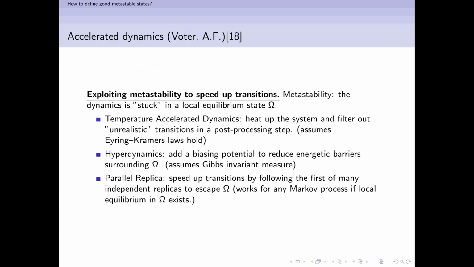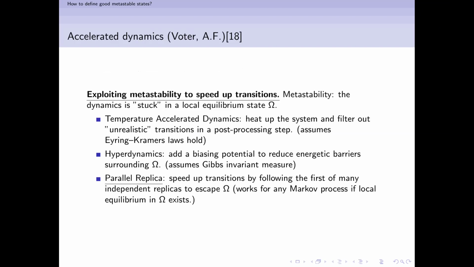The class of methods we're interested in comes from Arthur Voter: accelerated dynamics methods. In the late 90s, Arthur Voter introduced three big classes of methods to accelerate the dynamics.